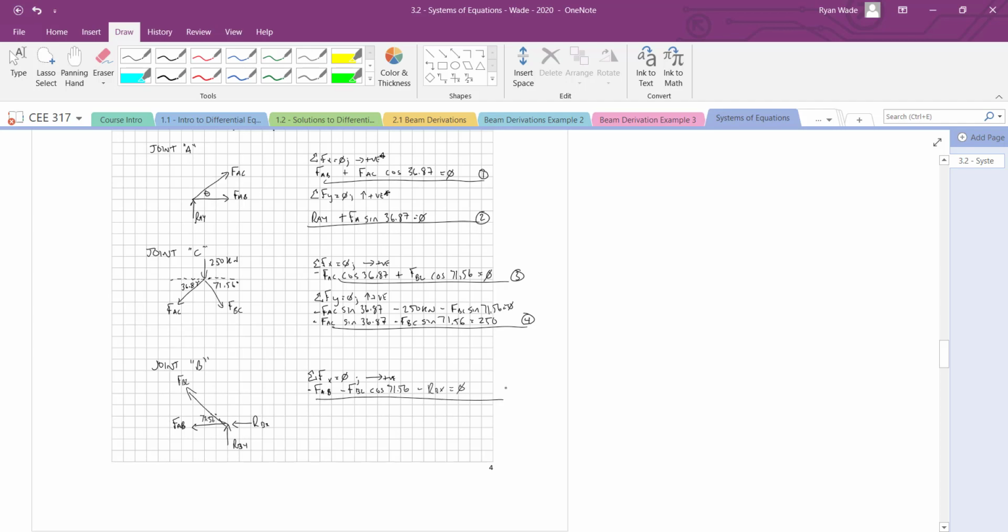So that's my equation 5. And then the sum of the forces in the y equals 0. And that's going to give me FBC times sine of 71.56 plus RBY is equal to 0. All right, so that's my equation 6.